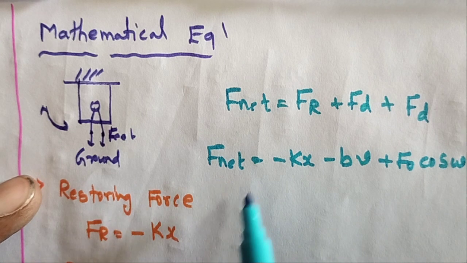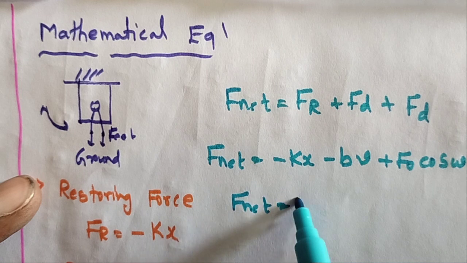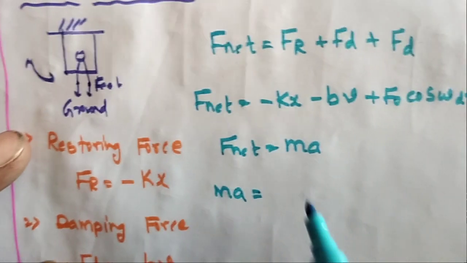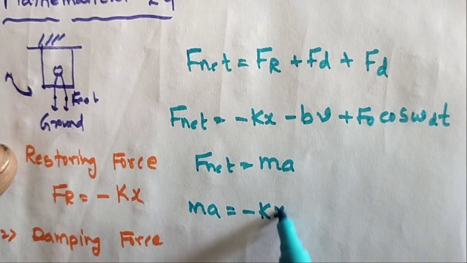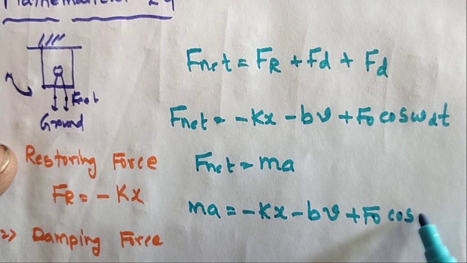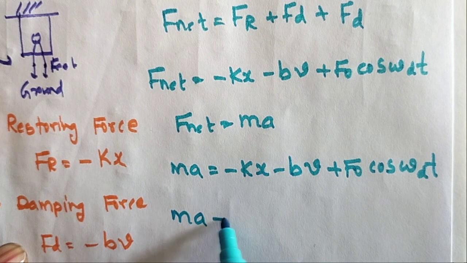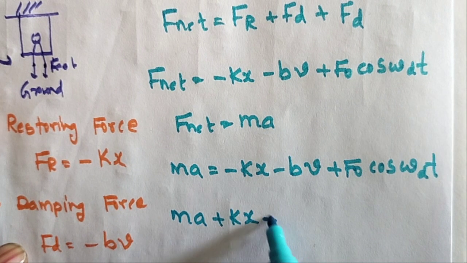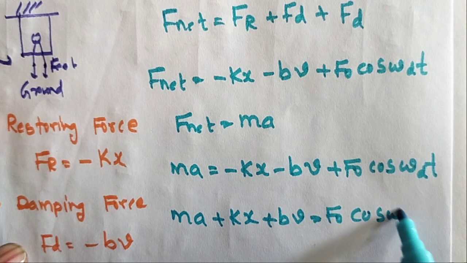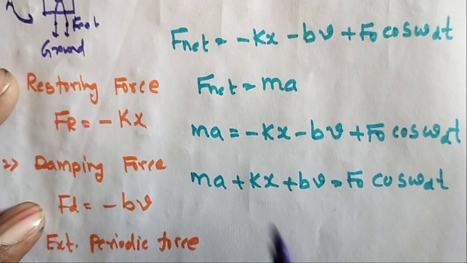We know that F net is equal to MA, so MA is equal to minus Kx minus Bv plus F naught cos omega dt, and MA plus Bv plus Kx is equal to F naught cos omega dt. And we know that A is acceleration.